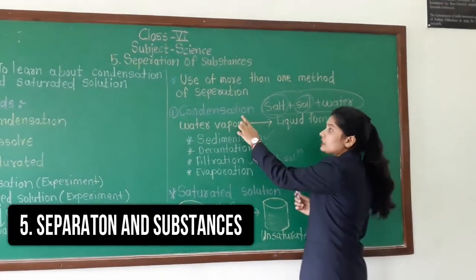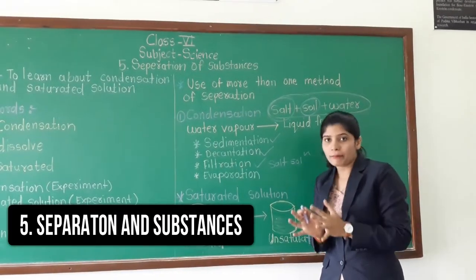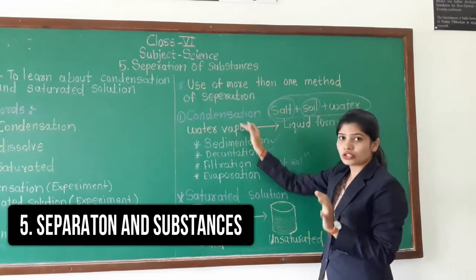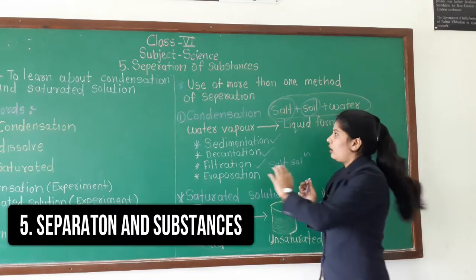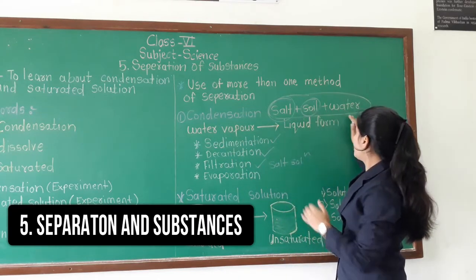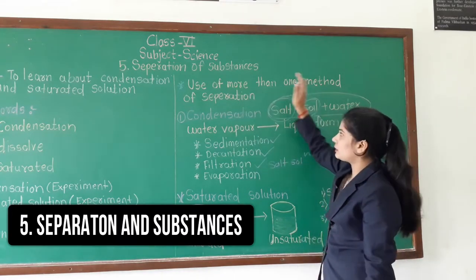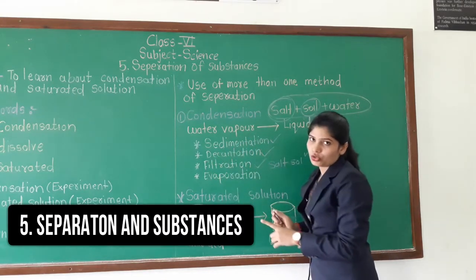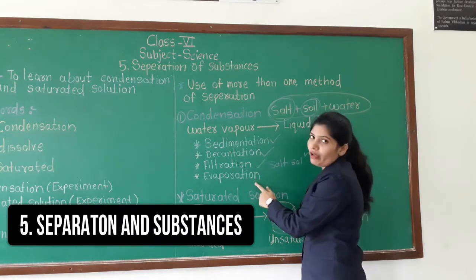So what is condensation? Condensation is also a method of separation. Are these four methods together forming condensation? No. Condensation is a separate process, but here, to learn the use of more than one method of separation, we have learned these four methods also: sedimentation, decantation, filtration and evaporation.